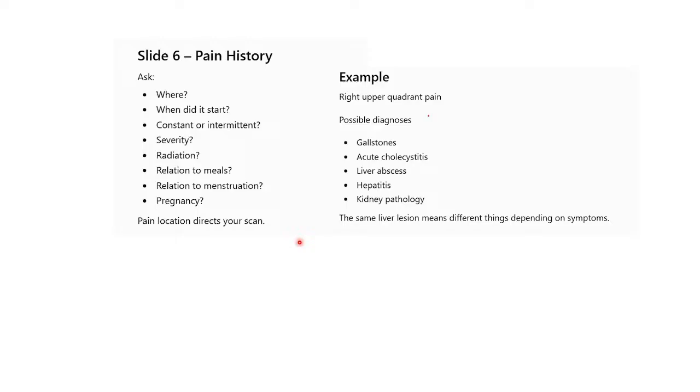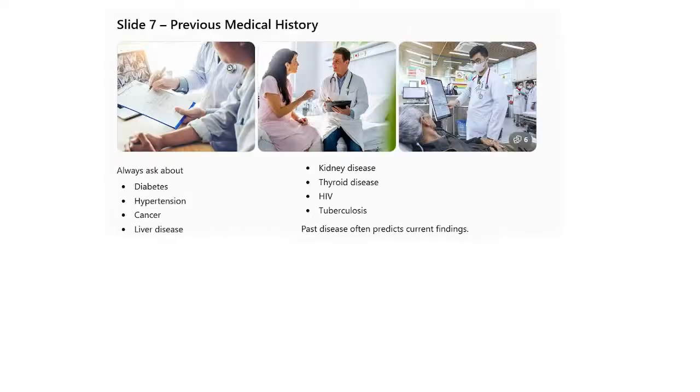For example, right upper quadrant pain: possible diagnoses include gallstones, acute cholecystitis, liver abscess, hepatitis, kidney pathology. The same liver lesion means different things depending on the symptoms.